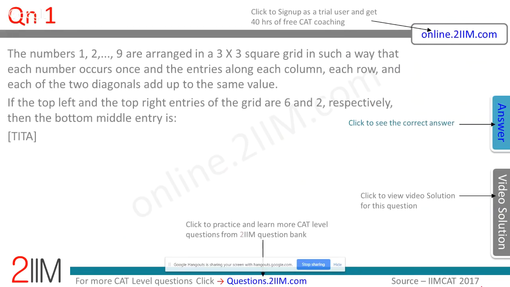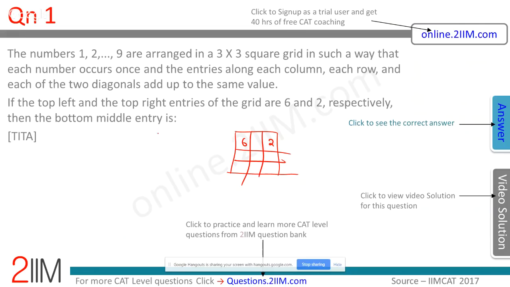Here we go. Numbers 1, 2, 3 till 9 are arranged in a 3x3 square grid in such a way that each number occurs once, and the entries along each column, each row, and each of the two diagonals add up to the same value. And so the top left and top right entries are 6 and 2.